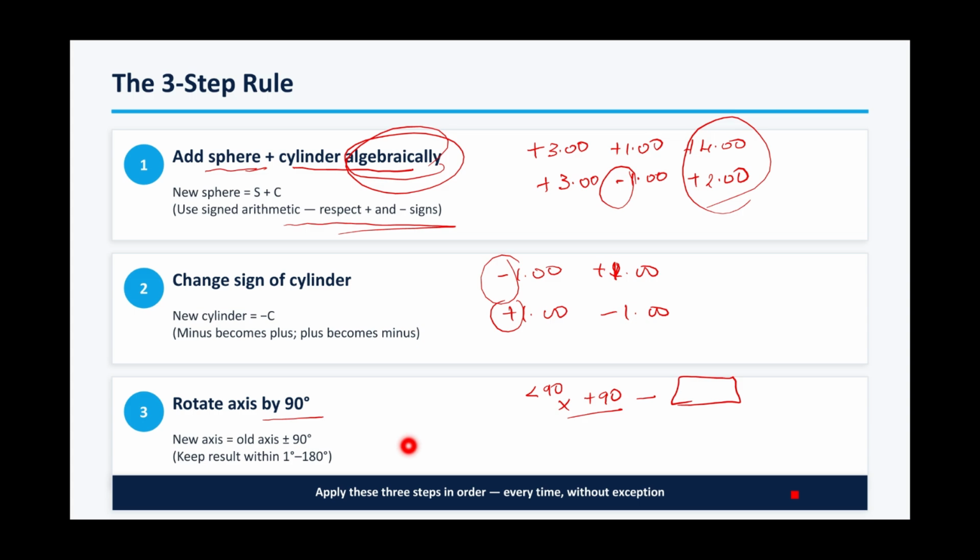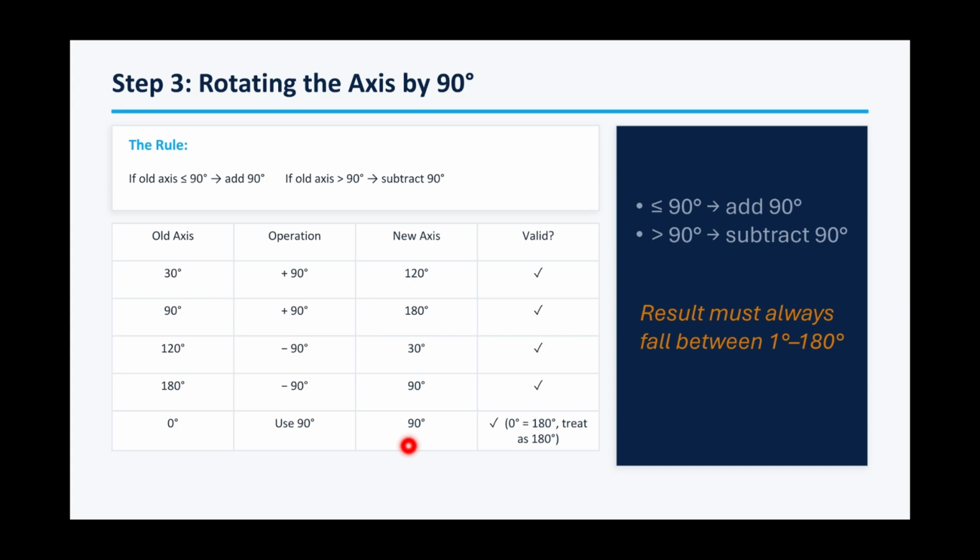Suppose the x is greater than 90, then you subtract 90 from this to get the new meridian of this transposition. So these are the ways you rotate the axis. Like I already told, if the initial degrees is less than 90, you add 90, and if it is greater than 90, you subtract 90 from that.